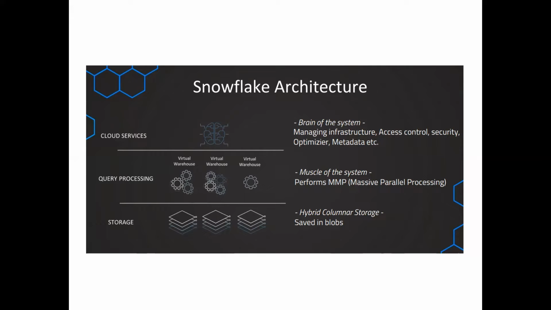It performs massive parallel processing, and you should be able to give more details: we have virtual warehouses in different sizes, we can have multiple virtual warehouses in one Snowflake account, and we can also increase the instances or the size of the virtual warehouse based on the scenario.